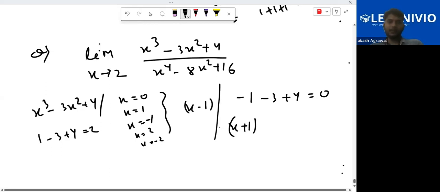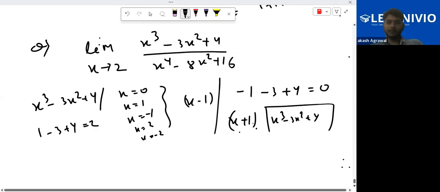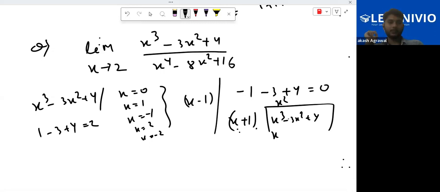Now we'll divide this whole term, which is x cube minus 3x square plus 4, by this x plus 1. Then we get some remainder. Remainder will be 0. Some other factor, if you multiply x square here. How many of you know long division? How to divide two polynomials? And who doesn't know? Okay.